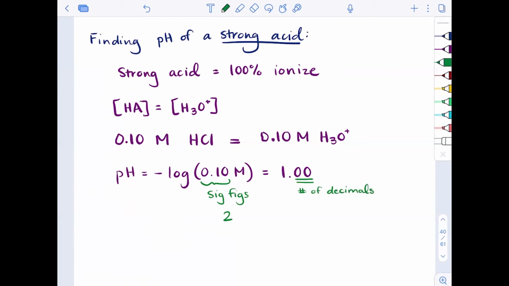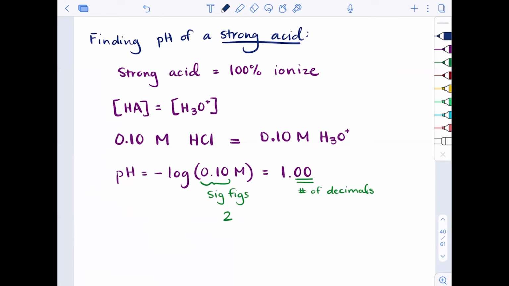The reason for this switch in types of sig fig calculation is because of the log base 10 scale. So again, the number of sig figs in the concentration is going to be equal to the number of decimals in your pH answer.